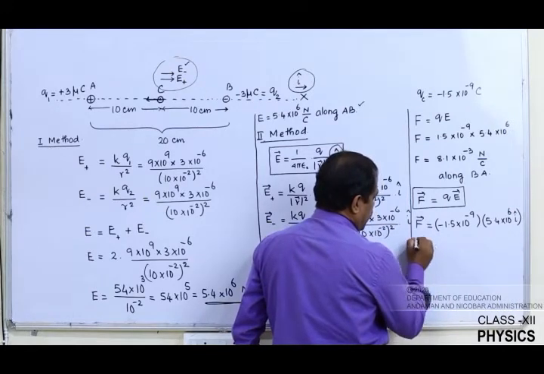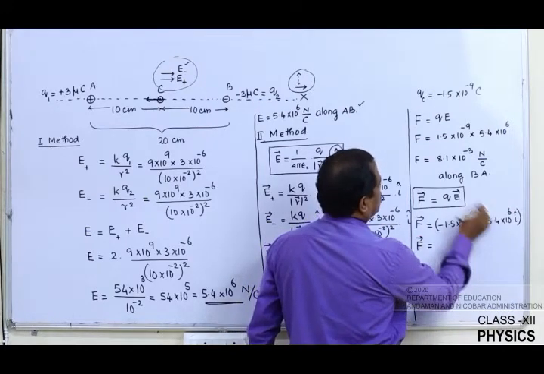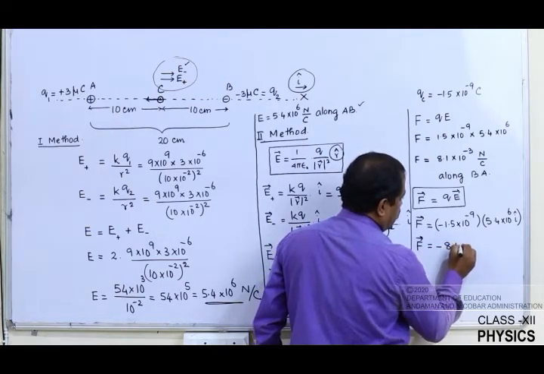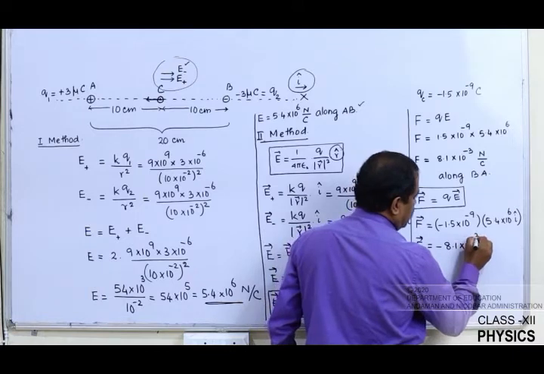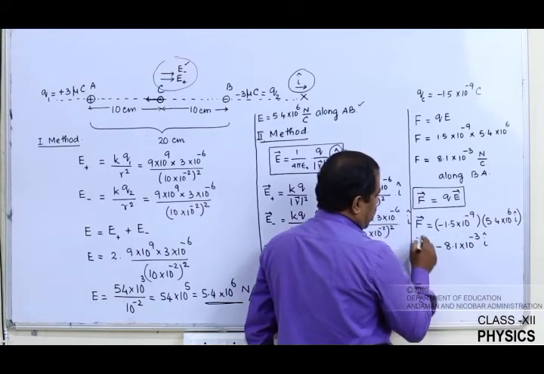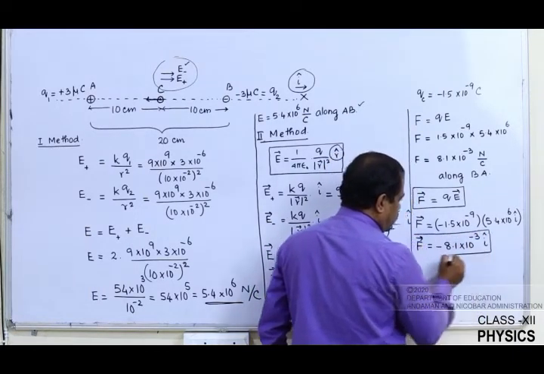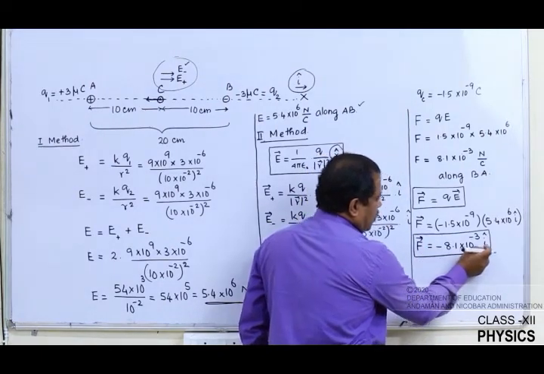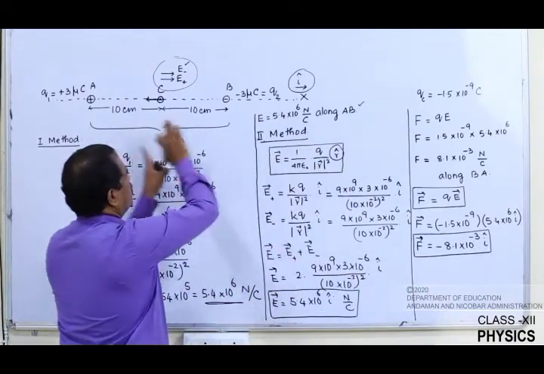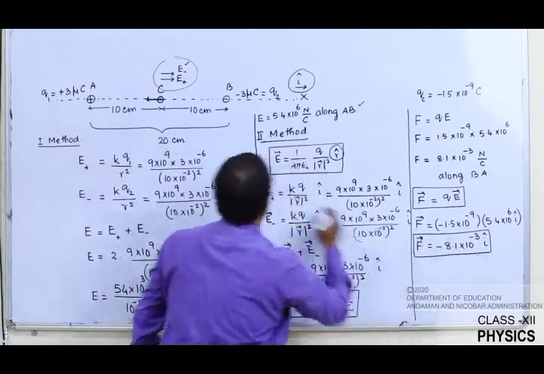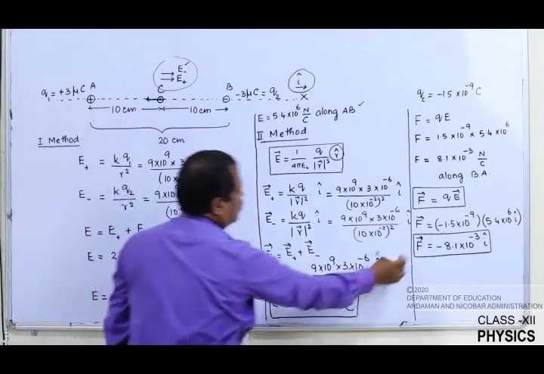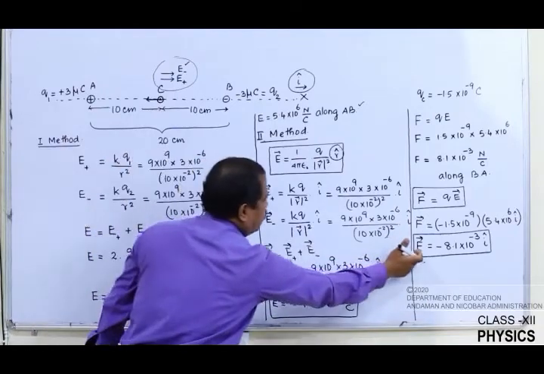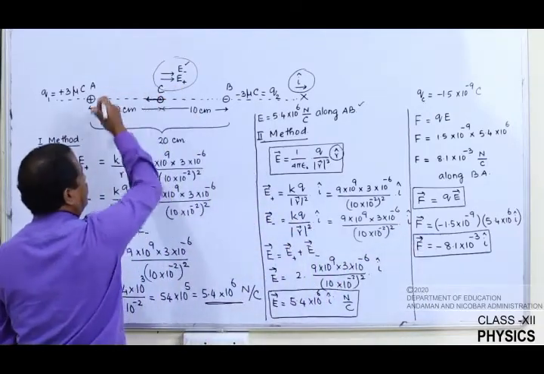If I calculate this value, the magnitude is the same as in this case, however I am going to get minus 8.1 into 10 power minus 3 i cap. Now when we look at the solution here, F is equal to minus i cap. The positive i cap direction is this way, but negative i cap represents this direction. Therefore the charge placed at C will experience a force along the negative i direction.